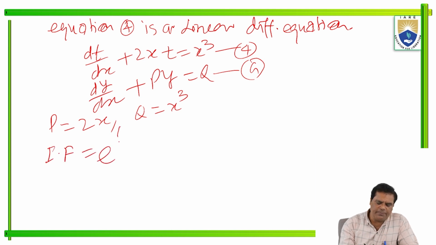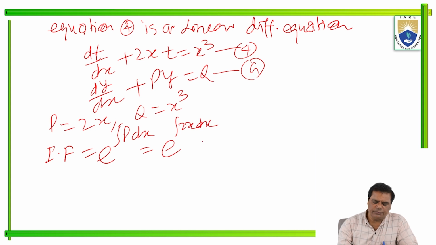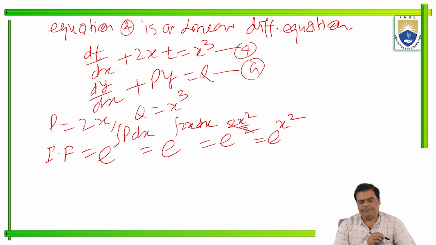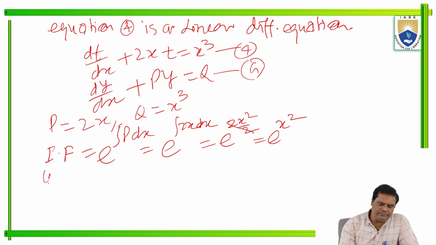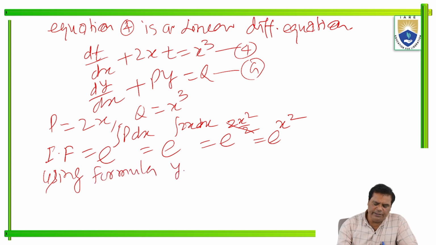The integrating factor is e to the power integral P dx. So e to the power integral 2x dx, which is e to the power 2x square by 2, the 2s cancel. So e to the power x square. This is IF. Now using the formula, y into IF equals integration of Q into IF dx plus c.